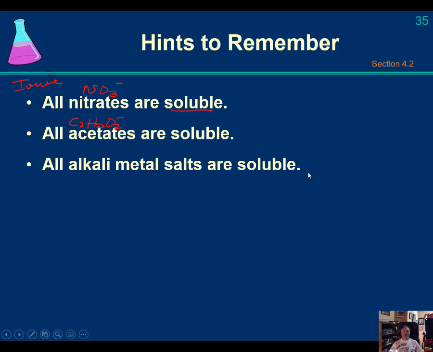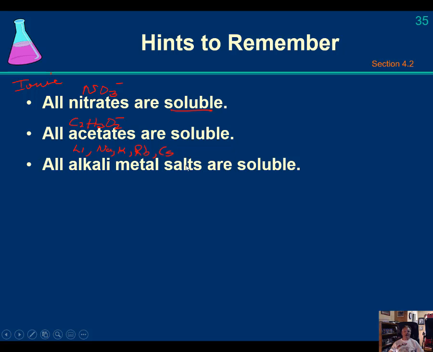All alkali metal salts are soluble. Alkali metals: lithium, sodium, potassium, rubidium, and cesium. You see any of those 5 alkali metals, it doesn't matter what the anion is. It could be hydroxide, it could be sulfide, it could be carbonate or phosphate.